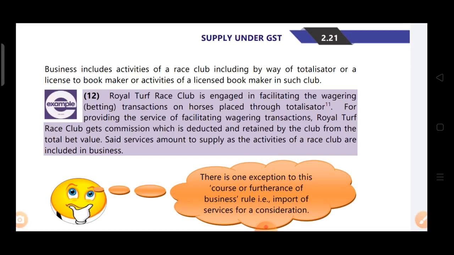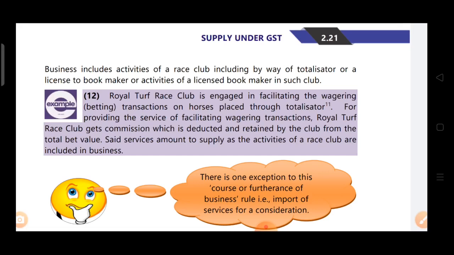Royal Turf Race Club is engaged in facilitating wagering, meaning betting transactions on horses played through totalizator. For providing the services of facilitating wagering transactions, Royal Turf Race Club gets commission. This club is engaged in betting transactions. So for facilitating the transactions, they get commission, which is deducted and retained by the club from the total bet value.